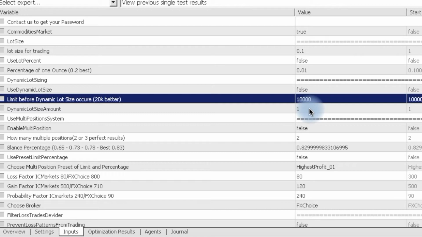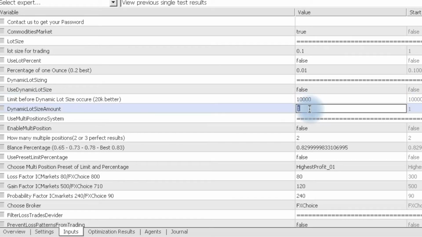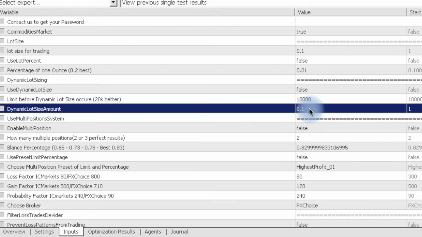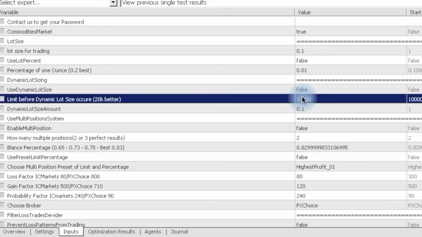So what I would say is use a dynamic lot size, for example 0.1 out of my balance, percentage of my balance, but only activate that if I have $10,000 and up.